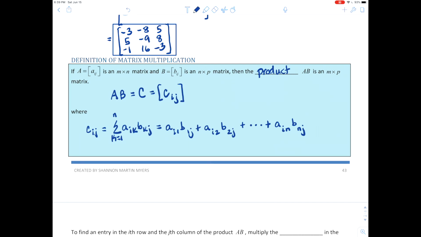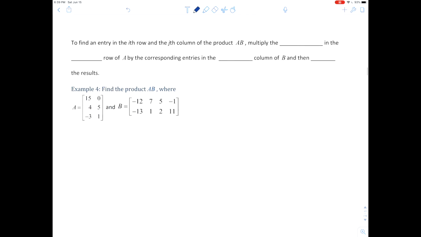All right. So in plain words, to find an entry in the ith row and the jth column of the product A times B, multiply the entries in the ith row of A by the corresponding entries in the jth column of B, and then sum the results.